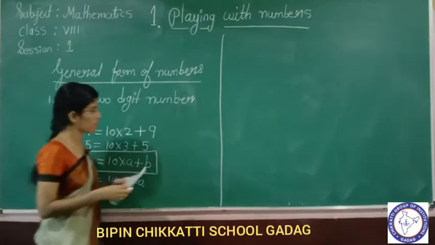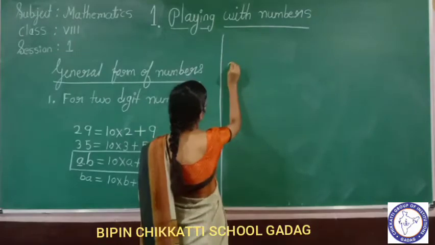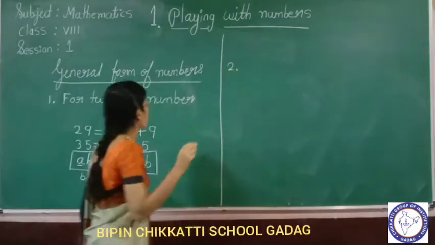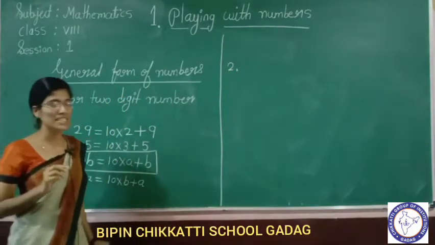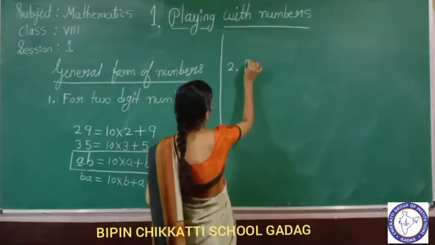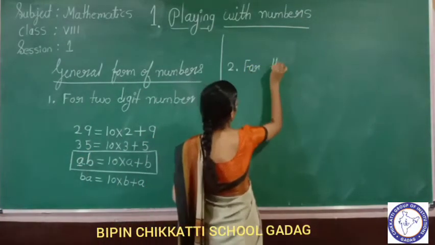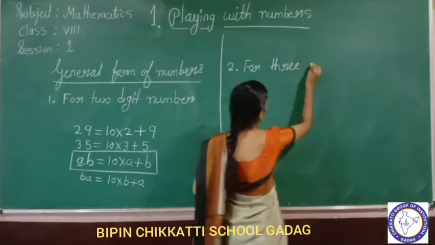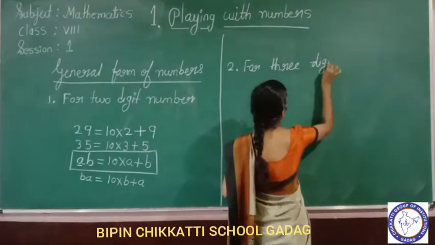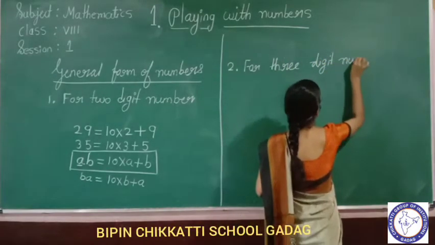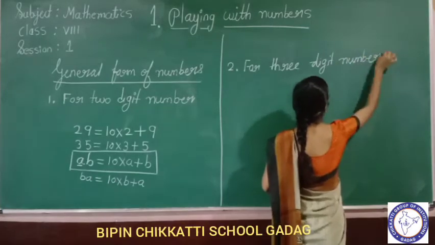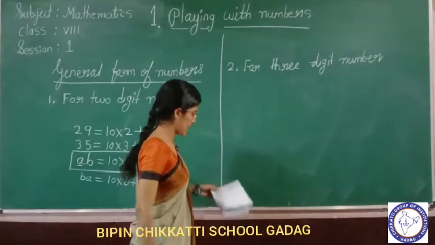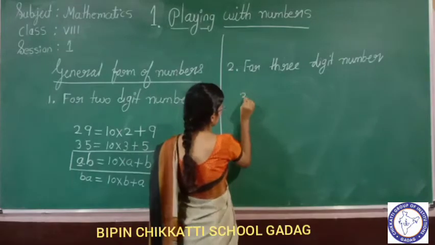Now we will see how we are going to write the general form of numbers for a three digit number. Suppose I take any three digit number as 351.